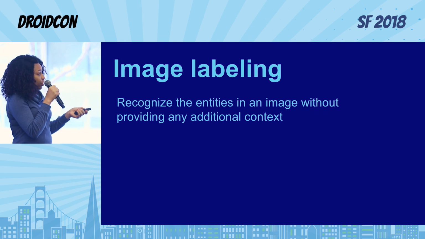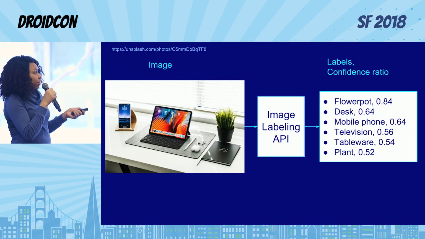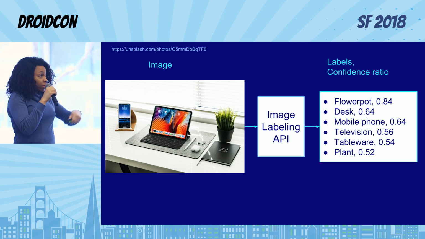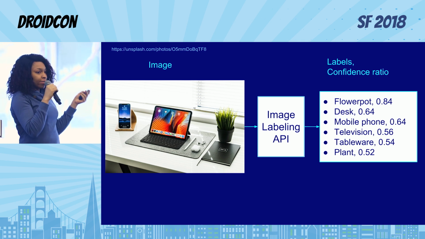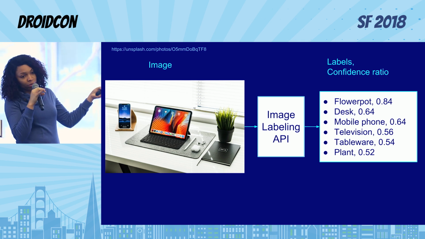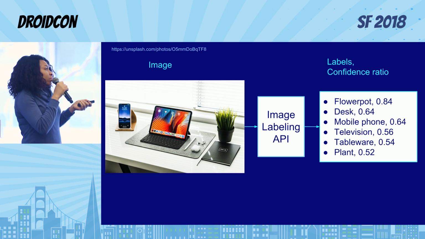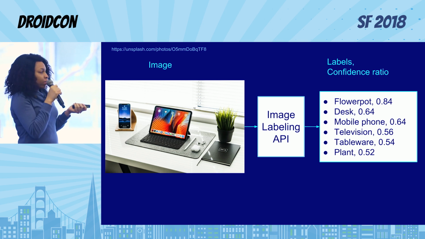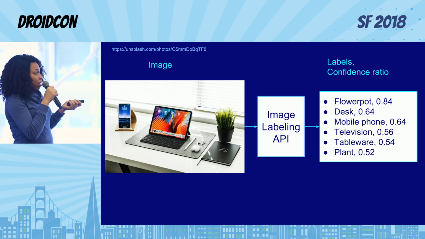I sent this image to the image labeling API, and these are the labels I got out of it. We see here that it has a label, a flower pot, and it also has a confidence ratio. The confidence ratio just says how confident the API is that this image contains that label. This is not so accurate, because I don't see a TV here, even though I see a screen.